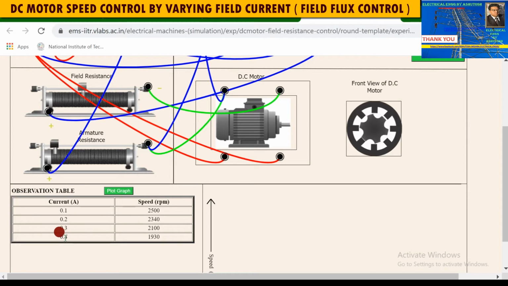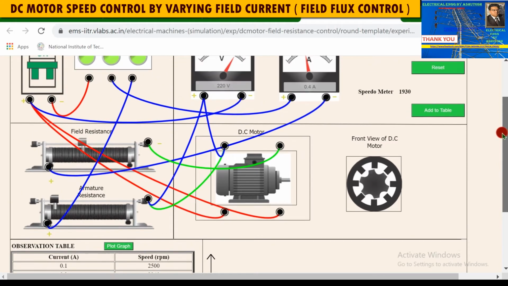Field flux is increasing, and you know speed is inversely proportional to field flux. Here this reading is 0.4 ampere, and the speed becomes 1930 rpm from 2500 rpm.